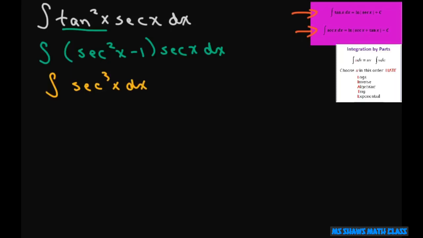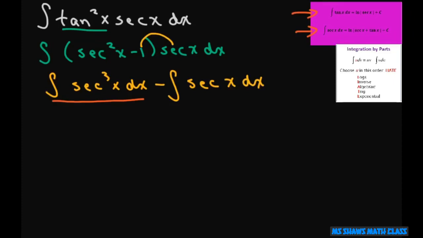And then I'm going to go ahead and separate this out. So you multiply that, but I'm going to save some space and go ahead and split this up. Alright, now for secant cube, we're going to take this piece and integrate that by parts.